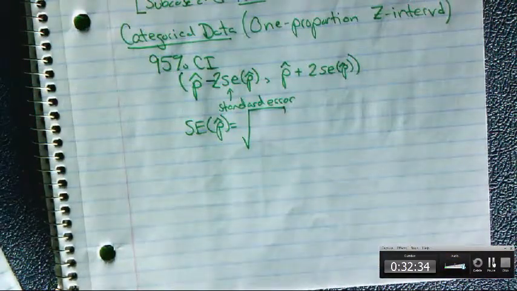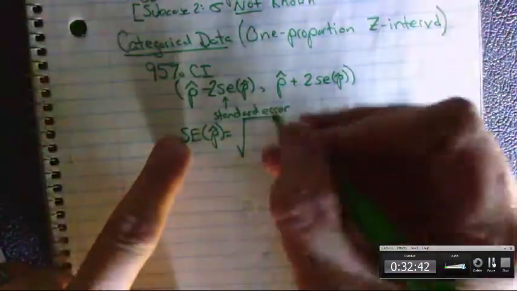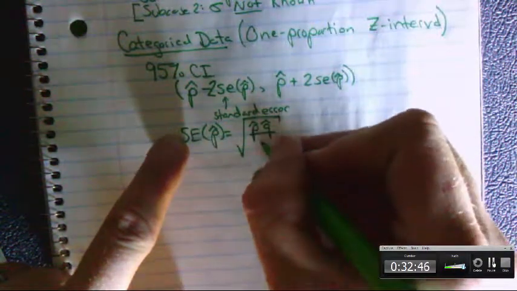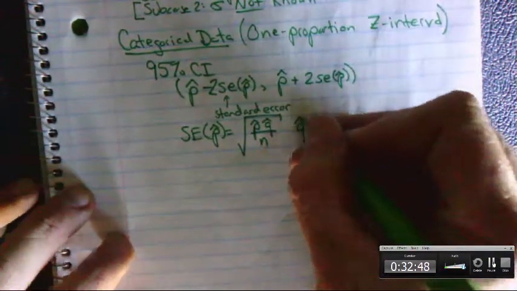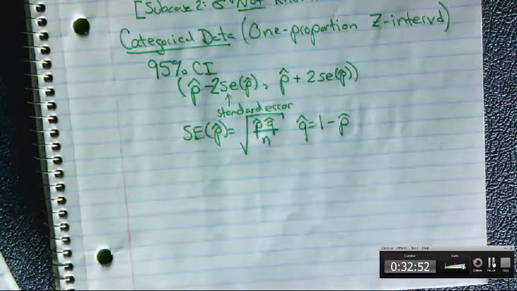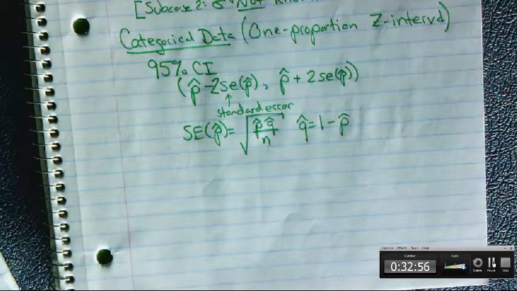Okay. Standard deviation of p hat is dependent upon knowing the population proportion p. We don't know that, so what we do is we come up with what's called the standard error. And that's where we use p hat and q hat. And guys, q hat, that's easy. It's just 1 minus p hat. If you have 60% success in your sample, the probability of failure in your sample would be 40%, 1 minus 0.6.